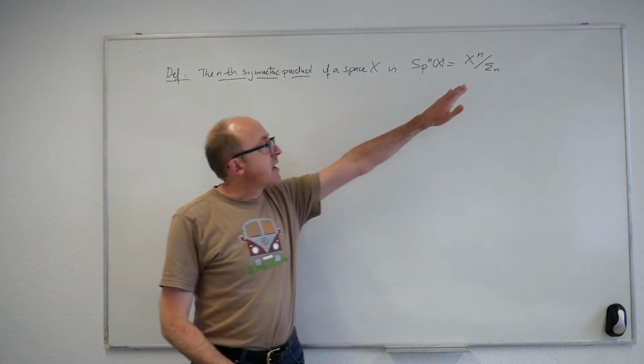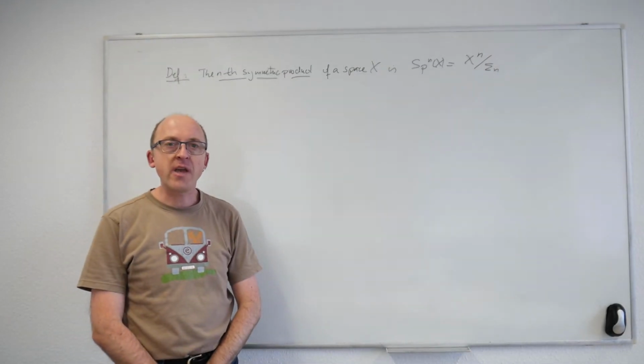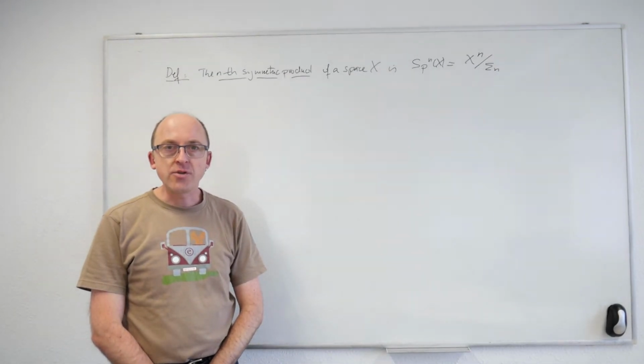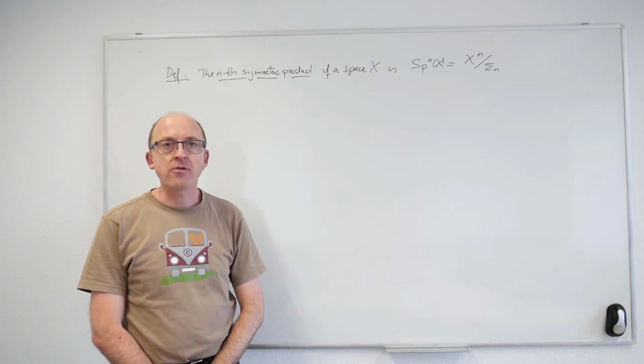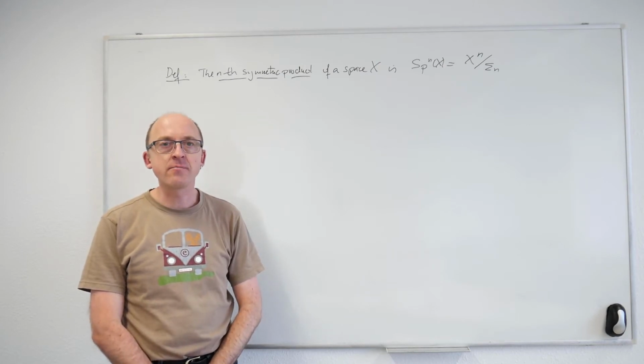So here I'm taking the strict action by the symmetric group, not some kind of homotopy action, and this is the quotient in the category we're working in, the category of compactly generated weak Hausdorff spaces.